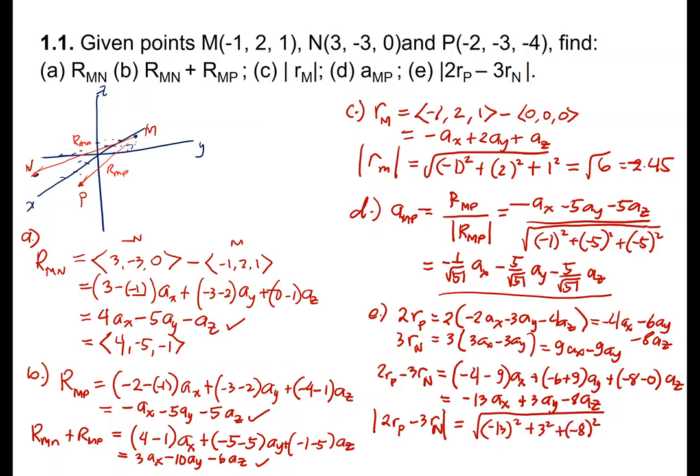In this case you can use the calculator. So we have 13 squared plus 3 squared plus 8 squared, and the result is 15.56. Okay, so that's it. So this is for the first problem.